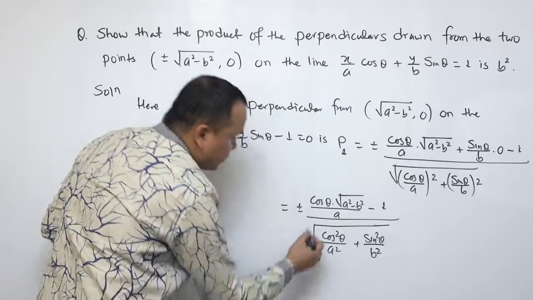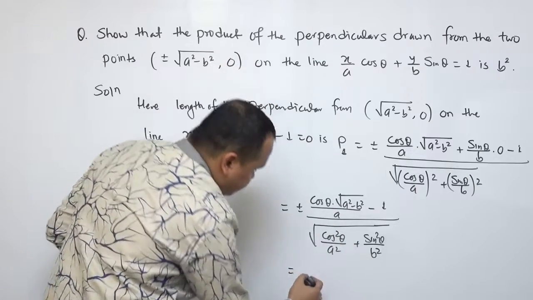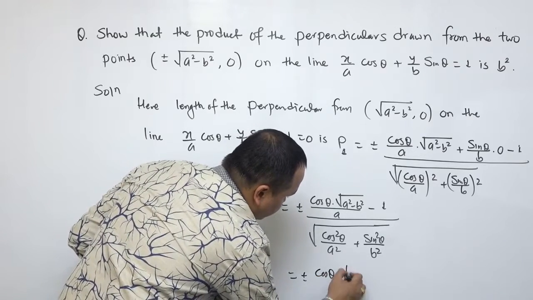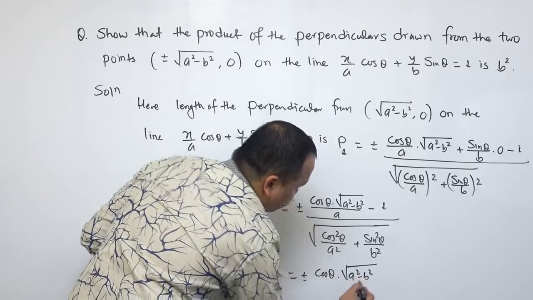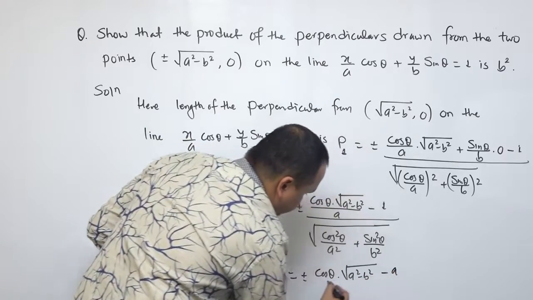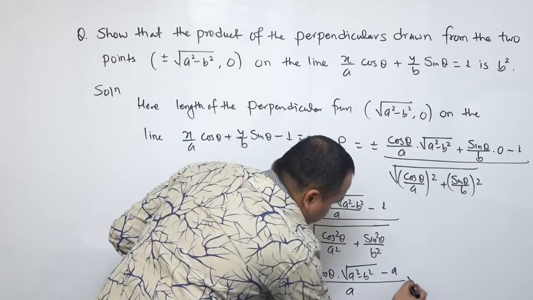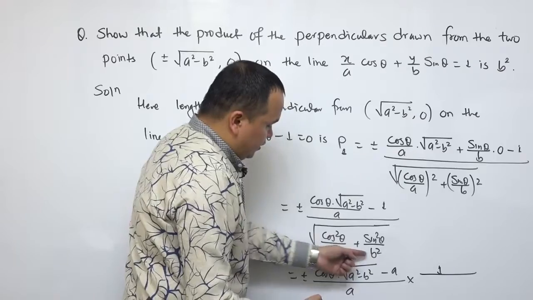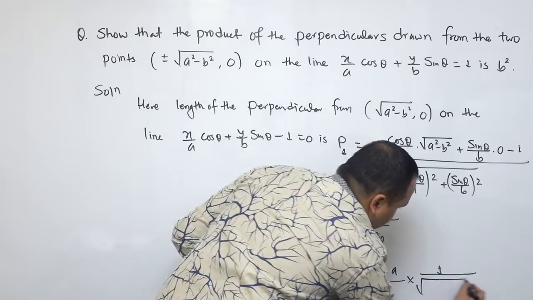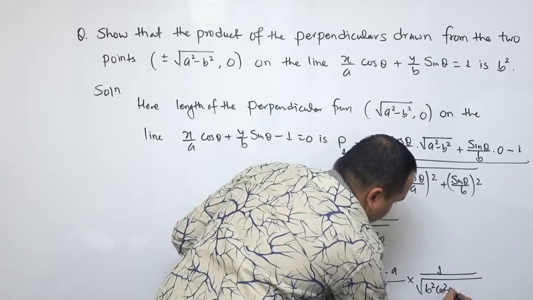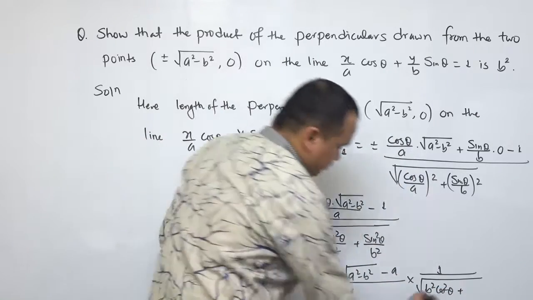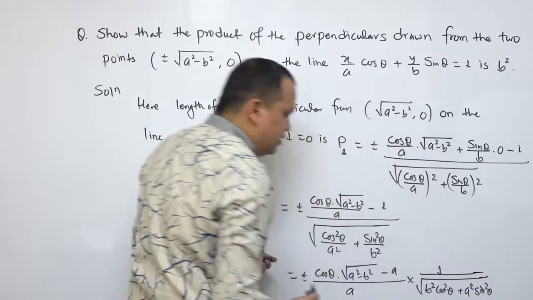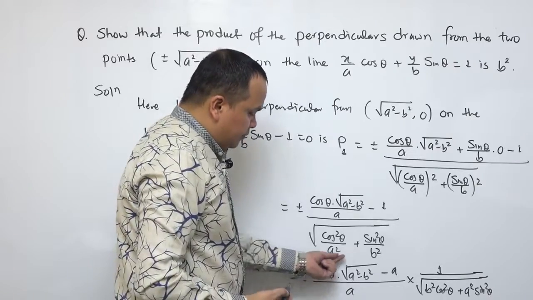And this is cos theta plus minus cos theta into root over A square minus B square upon A into 1 upon B square cos square theta, root over B square cos square theta plus A square sin square theta, whole upon root over A square B square.